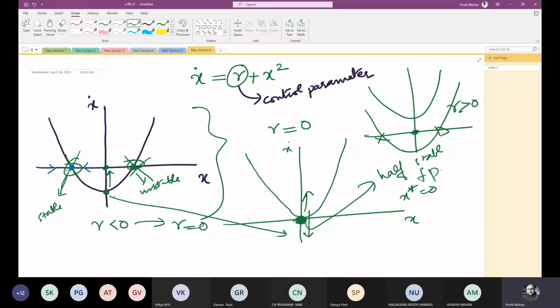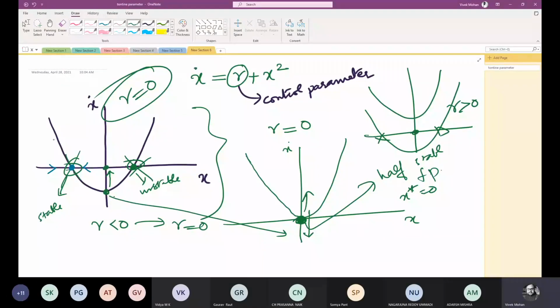So this is what happens in a saddle node bifurcation. We say that a bifurcation occurred at r equals 0, since the vector fields for r less than 0 and r greater than 0 are qualitatively completely different. So the bifurcation point is r equals 0.